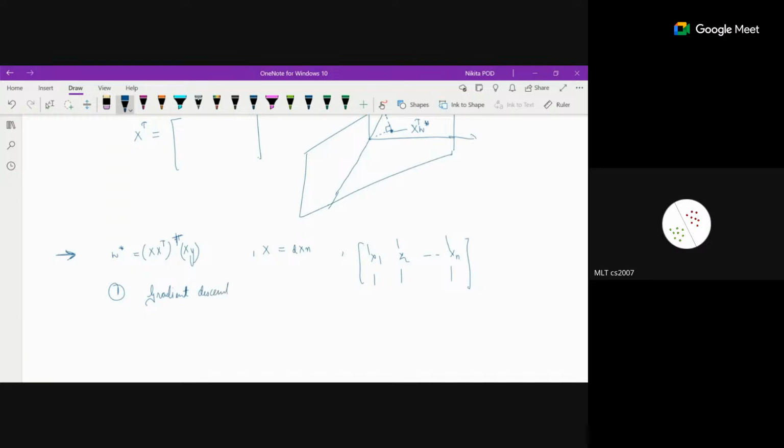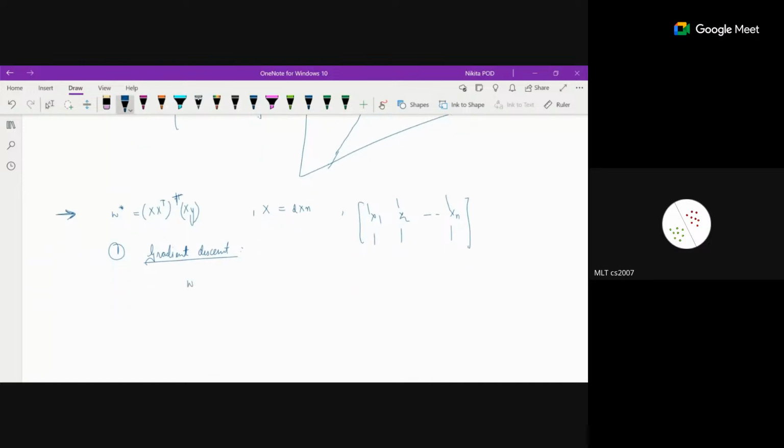In gradient descent, the update rule that we had used for finding the optimal W star was WT plus 1 is equal to WT minus eta T times the grad of F of WT, right?